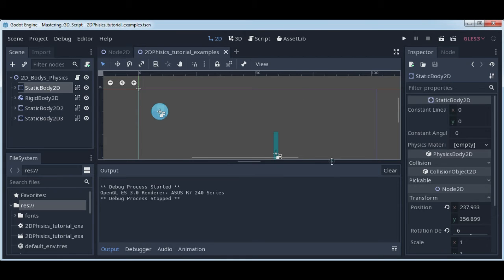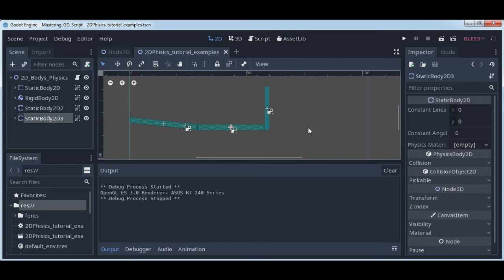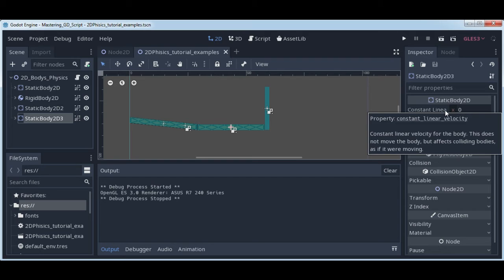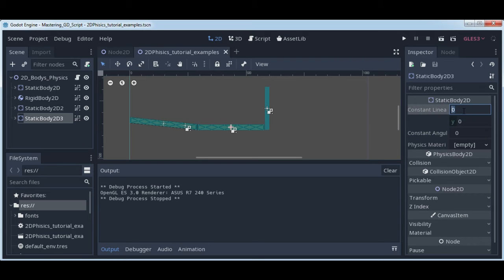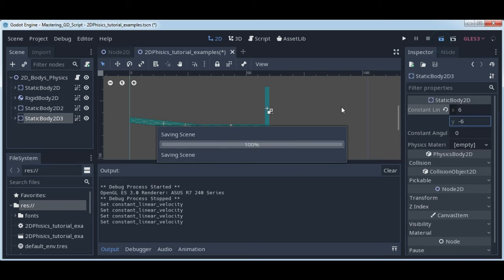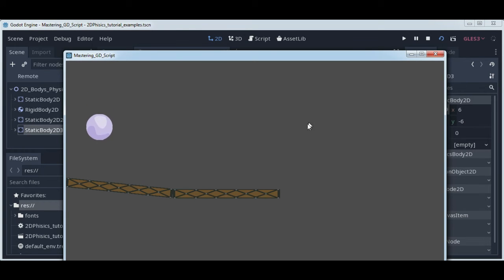So this second static body, as I say second, so static body after static body which are rotated, we will only go to inspector window and change data about constant linear velocity. We will give some constant linear velocity, for example this, and some constant linear velocity on y axis can be minus 6, and we can test this to see what's going on.